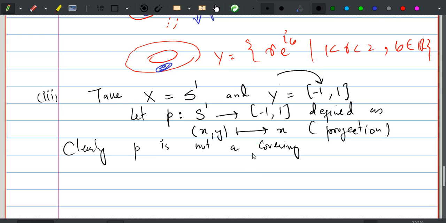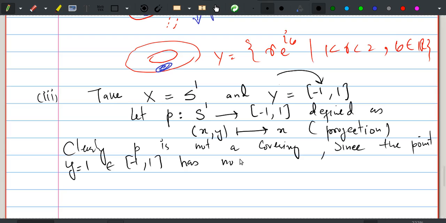So clearly P is not a covering, since the point y equal to 1 in this interval -1 comma 1 has no open neighborhood which is uniformly covered.